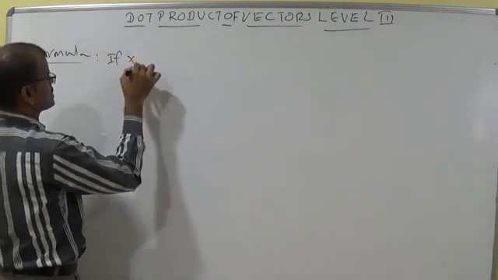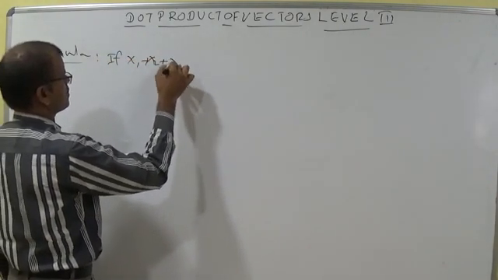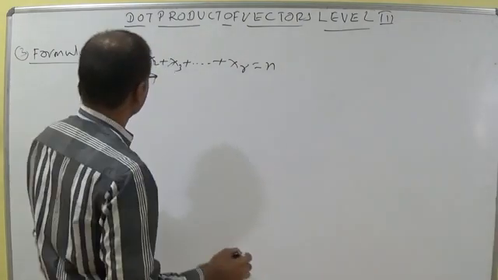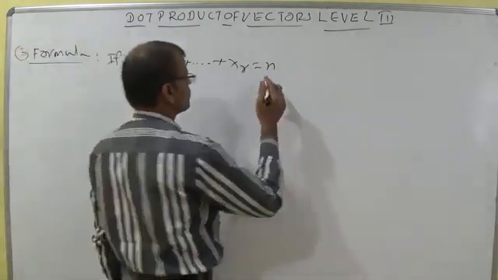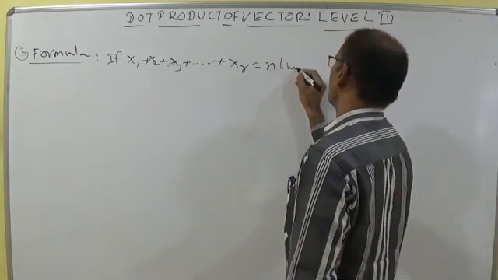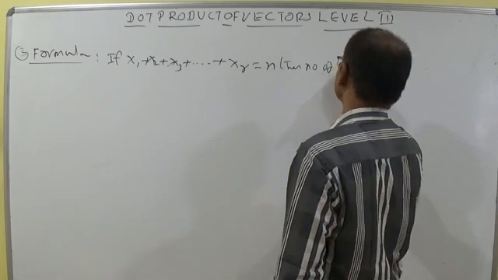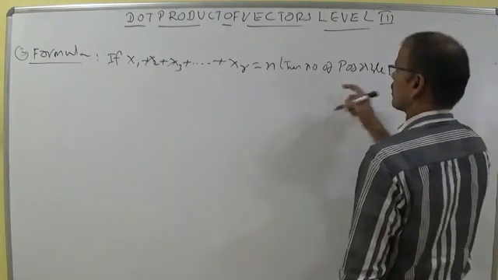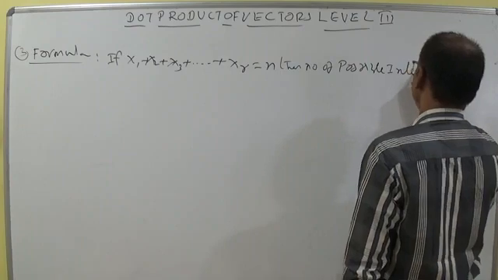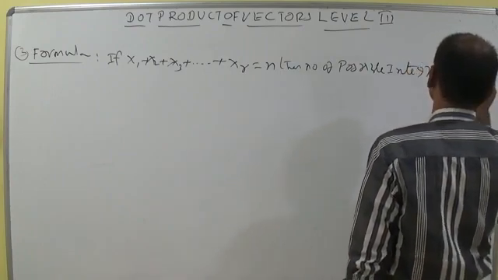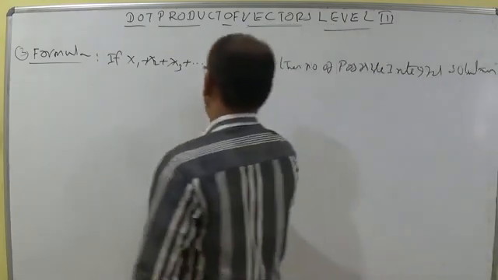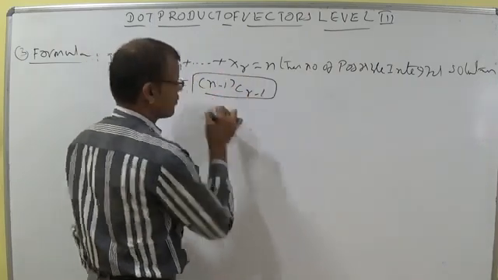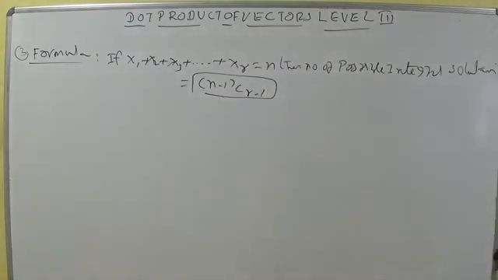If x1 plus x2 plus x3 plus so on up to xr is equal to n, with r terms summing to the value n, then the number of possible integral solutions is n minus 1 C r minus 1. This formula we will learn in the permutations and combinations chapter in 2A.